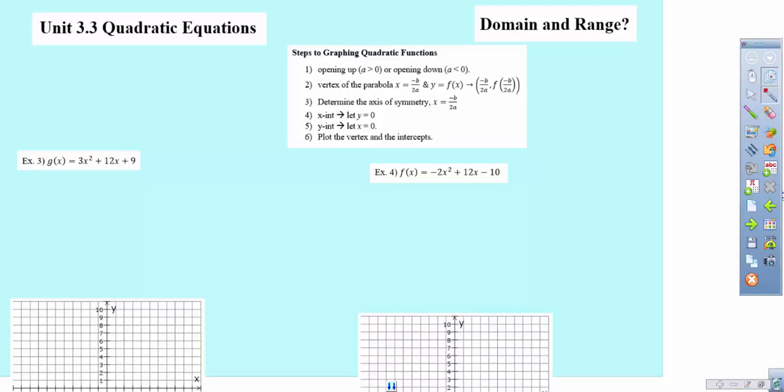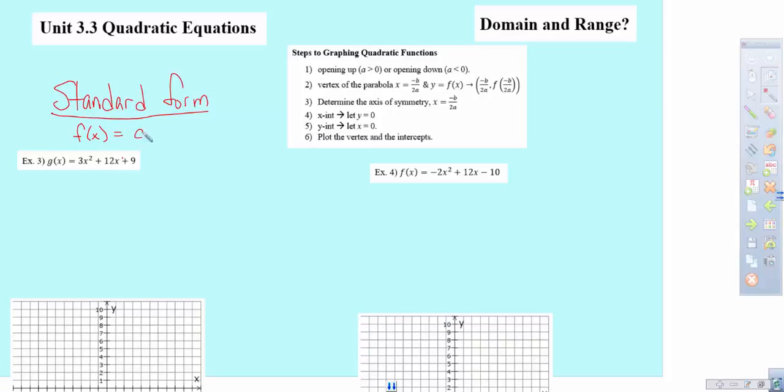Alright, so what happens if we're in standard form? We talked about how there are two different forms, so this would be in standard form. Remember that in standard form, getting a little bit of lag here, the equation would look something like f of x equals ax squared plus bx plus c.